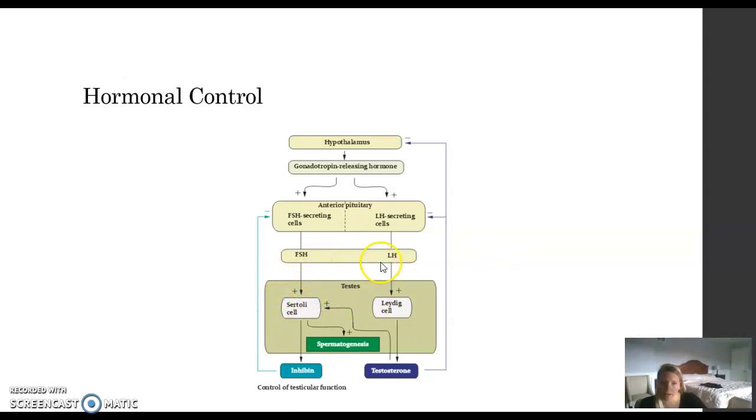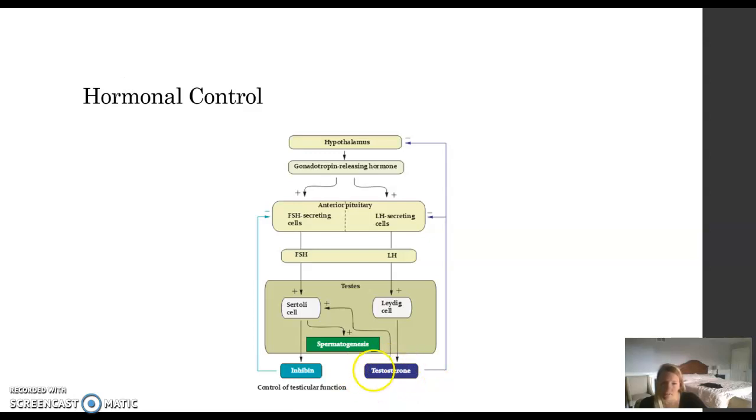Now, your LH, your luteinizing hormone, is going to target those Leydig cells that are in that interstitial fluid in between those seminiferous tubules. And the Leydig cells, their job is to secrete androgens. And the androgen in this case is going to be testosterone. So testosterone is a very important androgen.